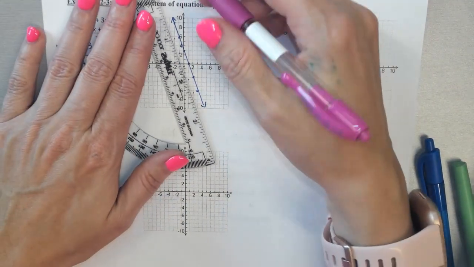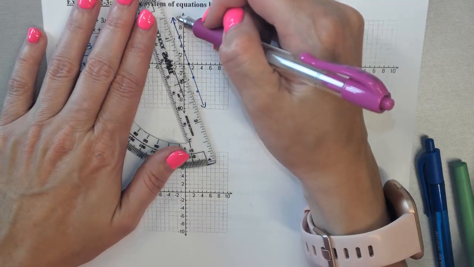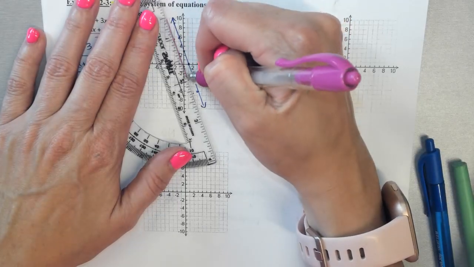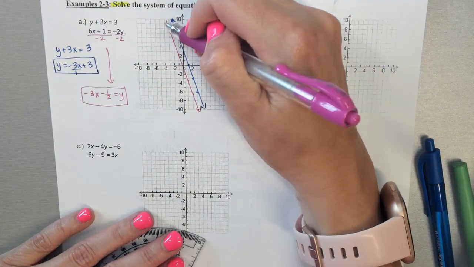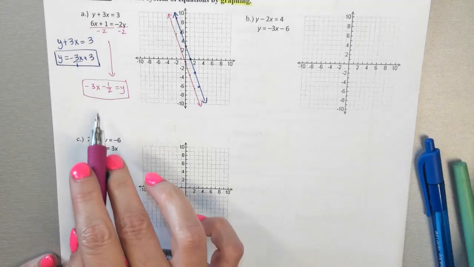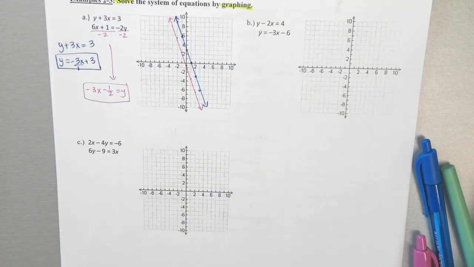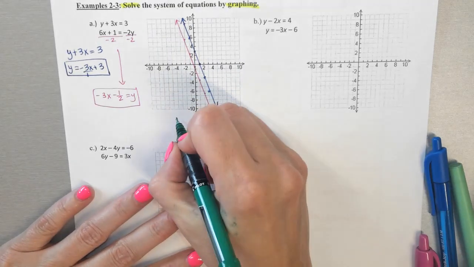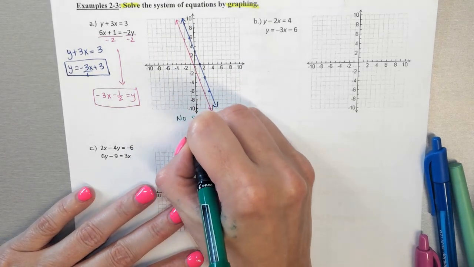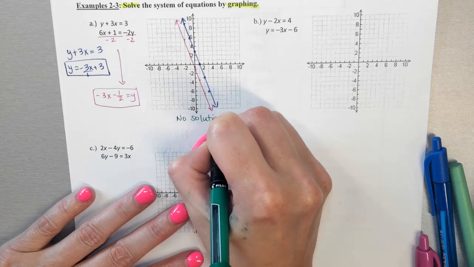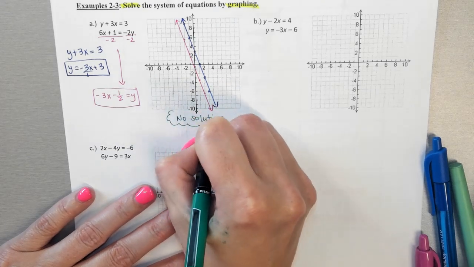Okay, now this does say to solve by graphing. So because we know how to do this without graphing, you might know what your answer is just at this step, but you do have to do your graph for anyone that says to solve by graphing. Okay, so for here, it's going to be no solution. There's no intersection here.